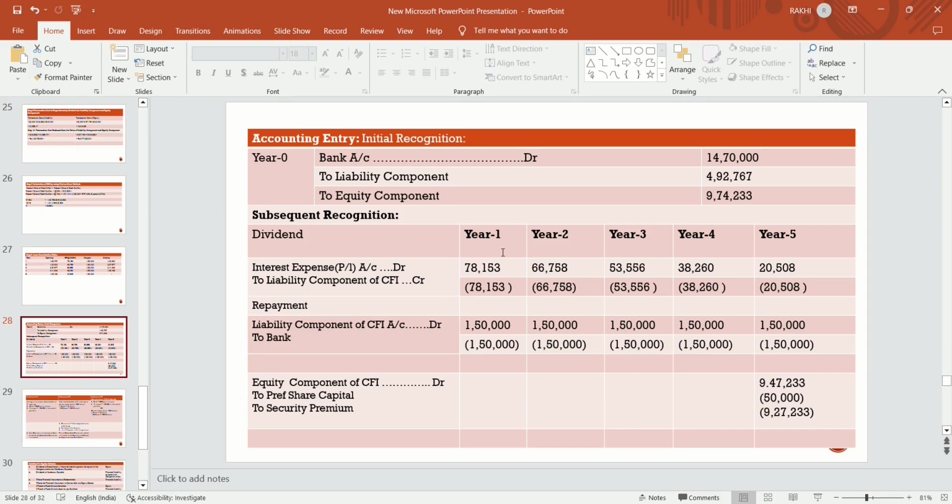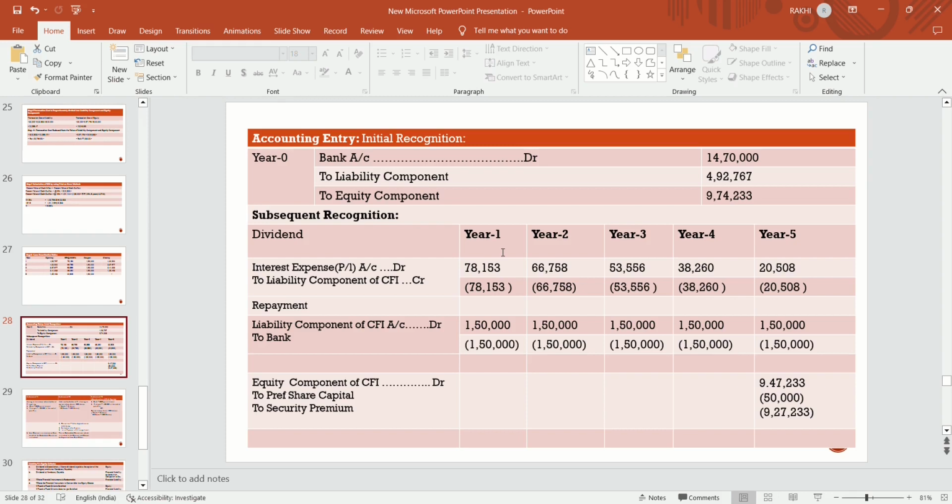In the same way, the interest is recognized to the liability component of CFI credit. Then repayment of 1,50,000 is done by the organization: liability component of CFI, compound financial instrument, debit by 1,50,000 to bank by 1,50,000.